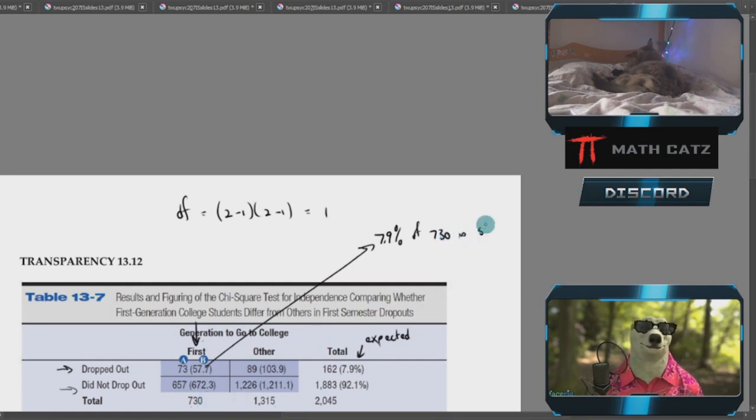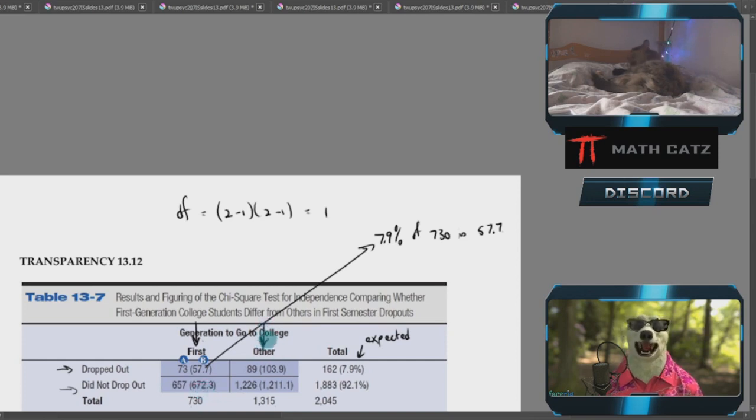The total is 57.7, and that's where this comes from. I expect 92.1% of people to not drop out. So 92.1% of the first generation column, and I get my expected frequency.